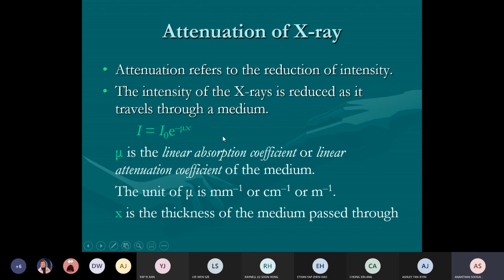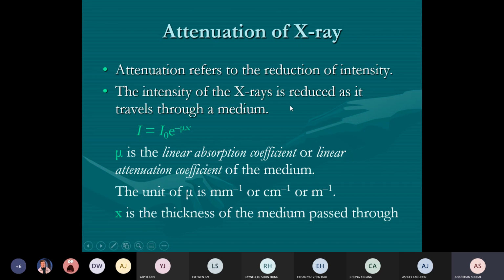This formula is exactly the same as ultrasound. Ultrasound also uses the same formula, right? Instead of mu, you put K, and X is the thickness. K in ultrasound is also the absorption coefficient. So it's similar to ultrasound.